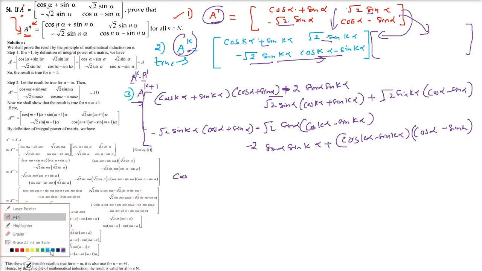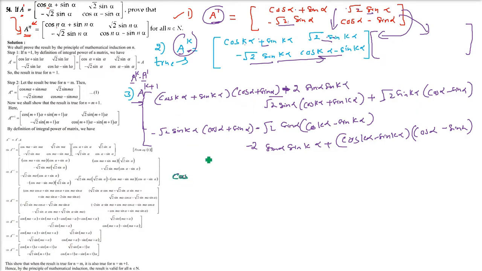See here, cos k alpha into cos alpha, and then cos k alpha into sin alpha, then sin k alpha and cos alpha, and then sin k alpha into sin alpha, sin k alpha into sin alpha, minus 2 sin alpha sin k alpha.